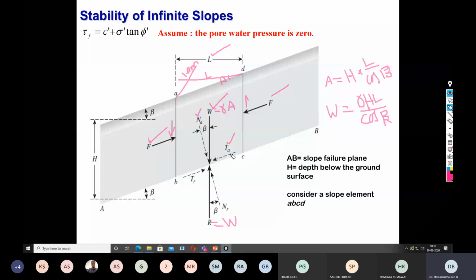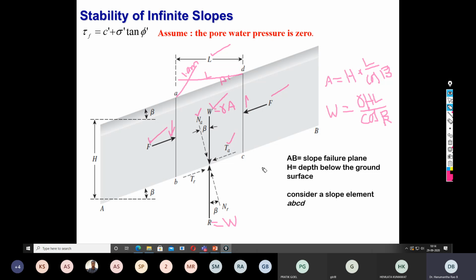TA is nothing but W sin beta. Okay, so now you get all the parameters. This is how we can determine the shear stress parameters, as simple as possible.